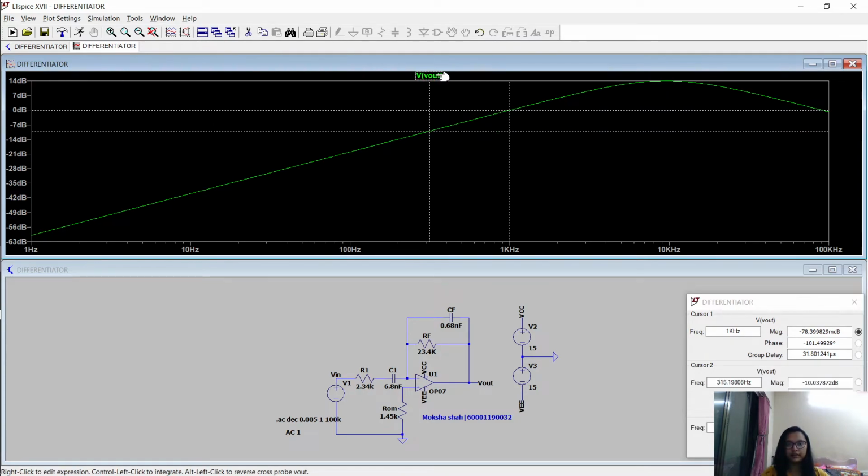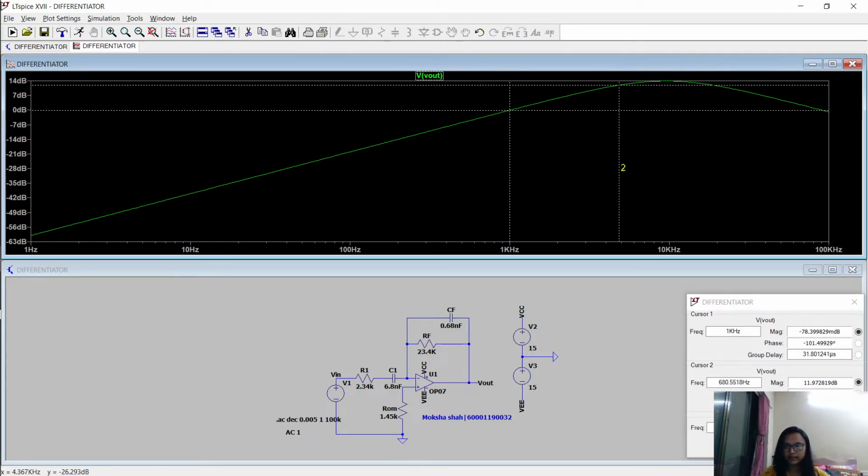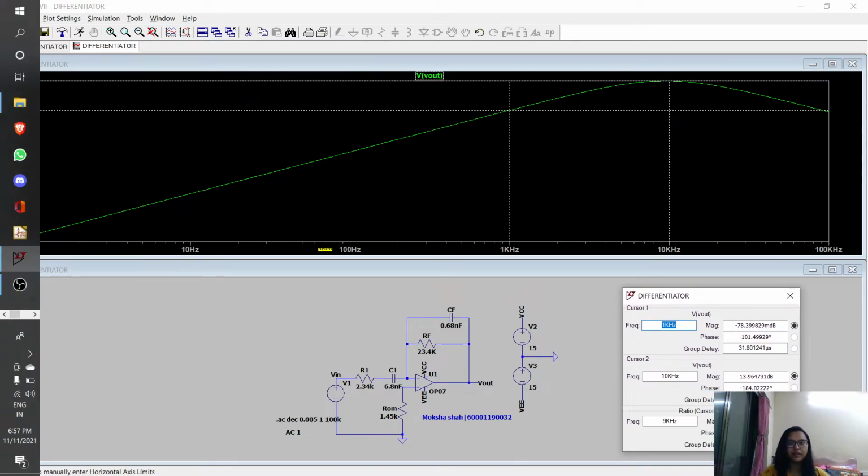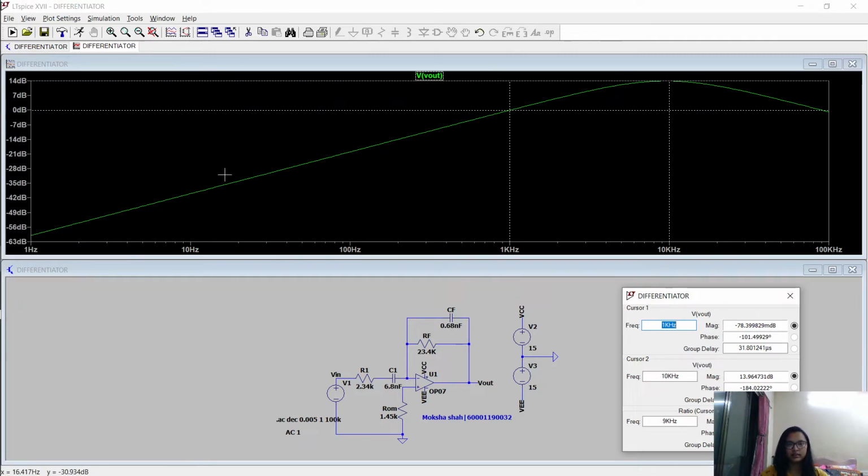Then again left click to get a second cursor and I got 10k hertz. As you can see, till 1k hertz your gain is increasing and it will increase till your frequency reaches the upper cutoff frequency, that is 10k hertz. After that it will decrease. This increase is positive 20 dB per decade, and then it goes on decreasing.